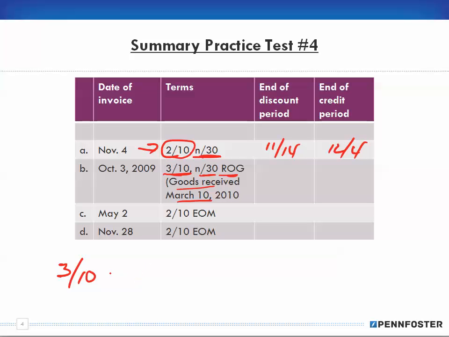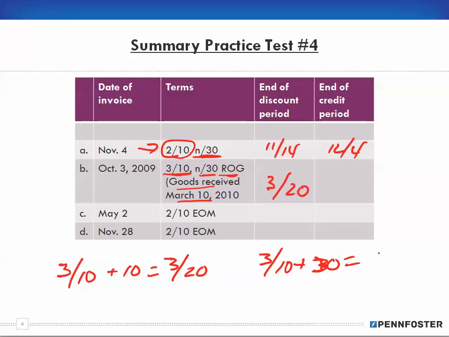All right. So 3% 10, I can add 10 days to that. So my discount period ends on 3/20. And I have 30 days from 3/10 plus 30, which would be 4/10, but I have to consider how many days are in March.